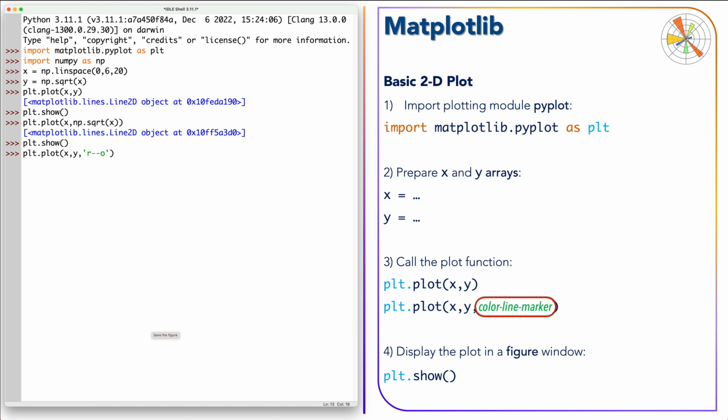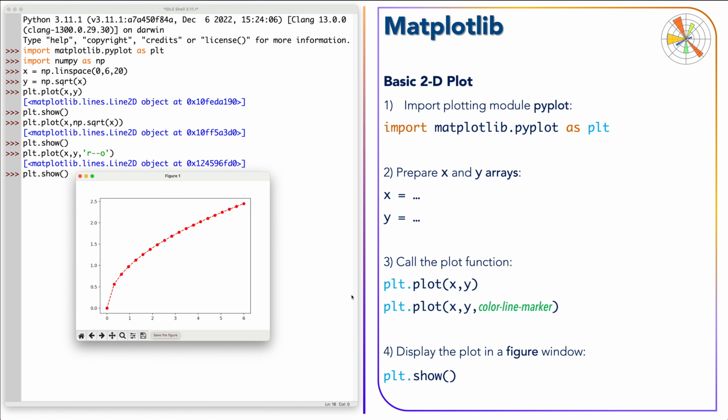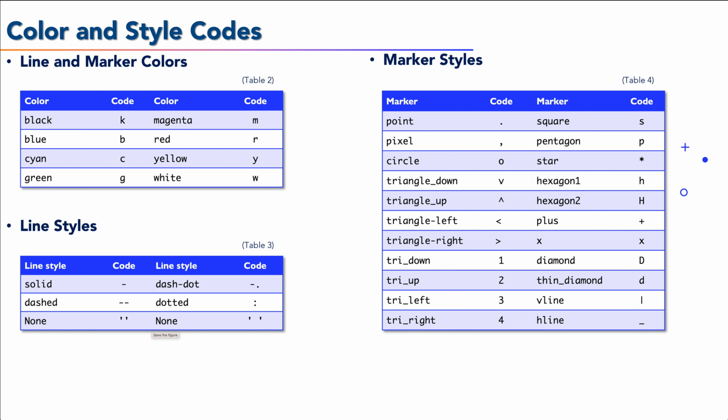So this string will result in a red dashed line with circular markers. Let's test it. These are the tables of the color and style codes in pyplot, and you can find all these tables in the PDF handout uploaded with this lesson.